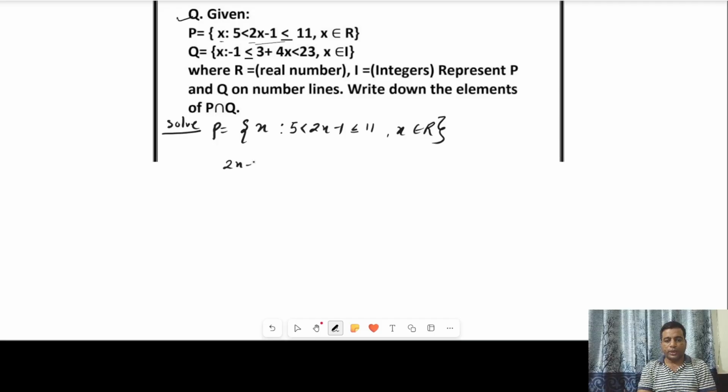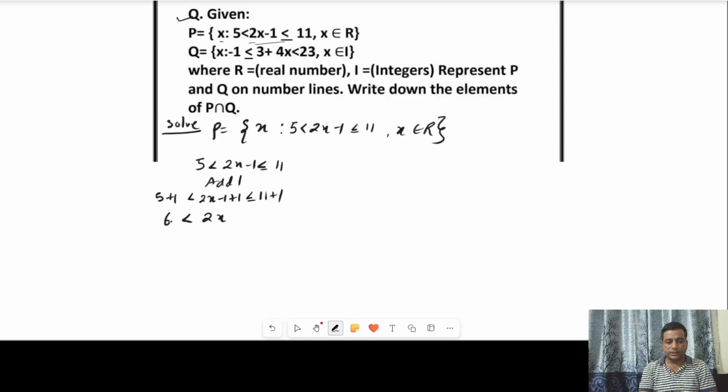Now adding 1 in the inequality, add 1, so it becomes 5 plus 1, 2x minus 1 plus 1, and 11 plus 1. So 2x minus 1 plus 1 becomes 2x, which is greater than 6, and this is less than or equal to 11 plus 1, which is 12.